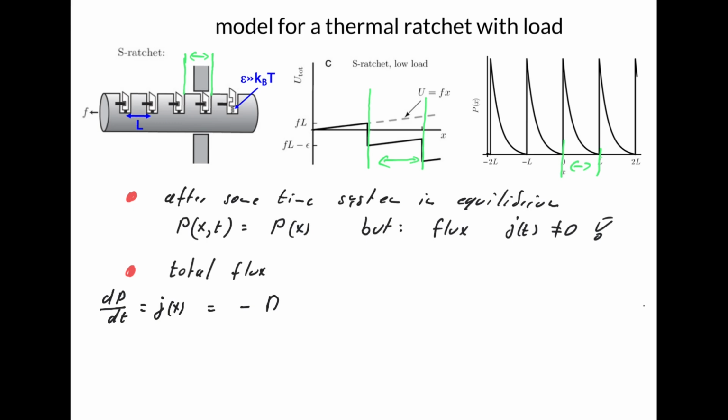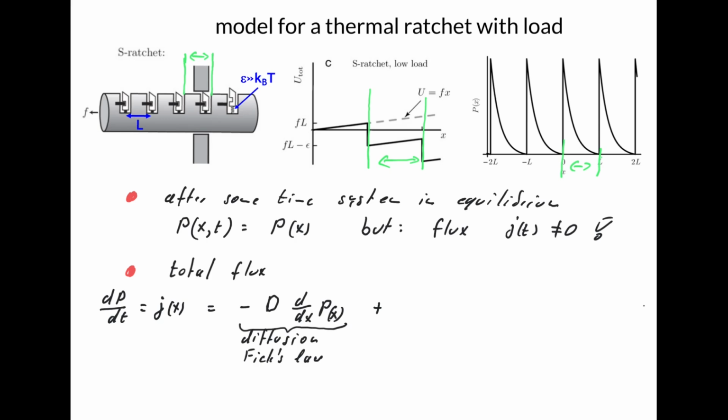Between the two pawls, there's only diffusion that moves the motors forward and backward. Well, it's basically Fick's first law, saying that the flux is equal to minus the diffusion constant times the gradient of the probability distribution P of x.